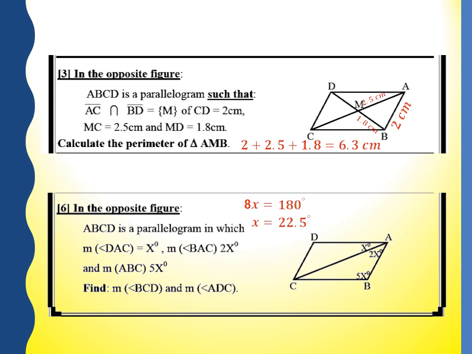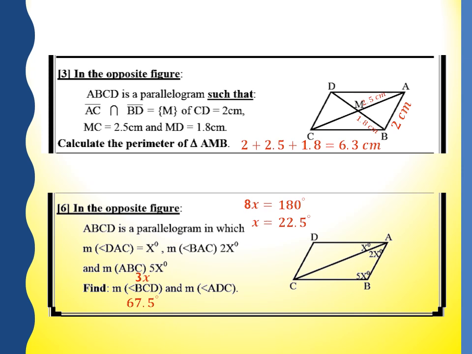Now we can easily calculate the measure of angle BCD. BCD equals the measure of angle BAD, which is 3x. 3 times 22.5 equals 67.5 degrees.